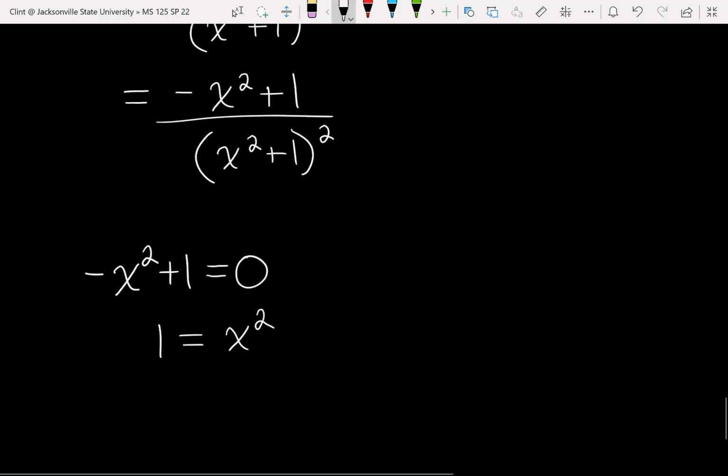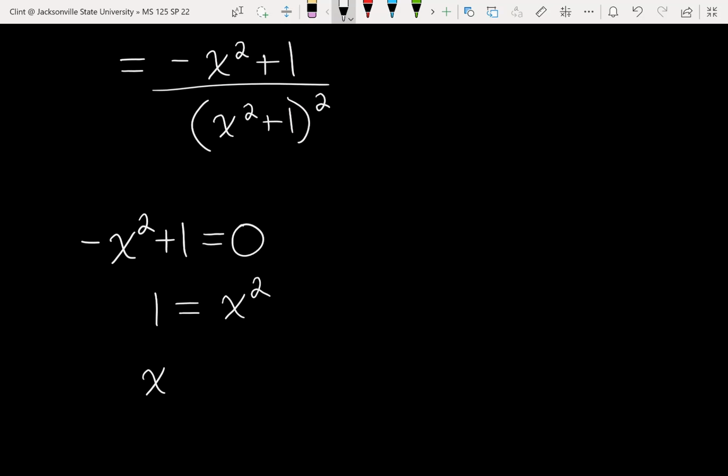Then we'll take the square root of both sides. What do we get? x equals plus or minus 1. Not really any worse after you think about it a little bit.